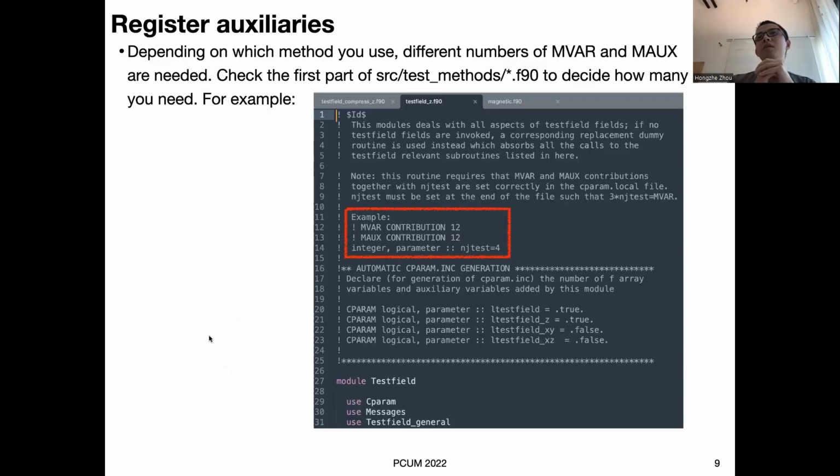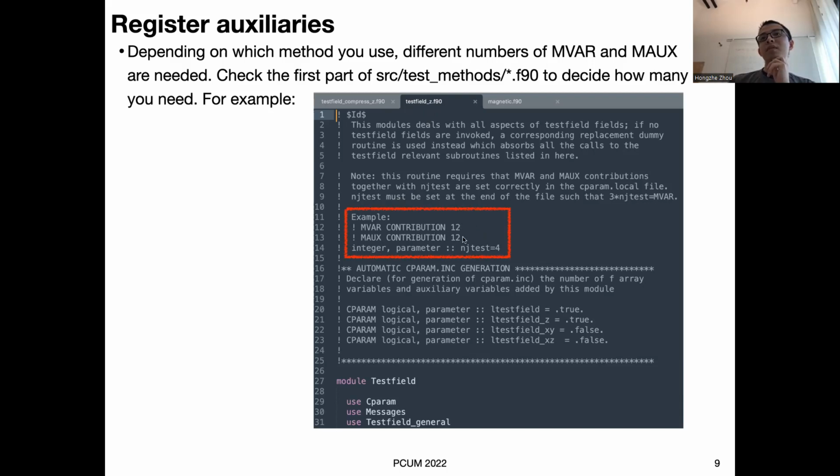So how to really use those modules? Of course, you need to turn on those modules first in the makefile.local. And then you also need to register auxiliaries. And the number of the auxiliaries depends on what method you use. For example, if you look at this file, testfield_z, it has a few lines of the example.